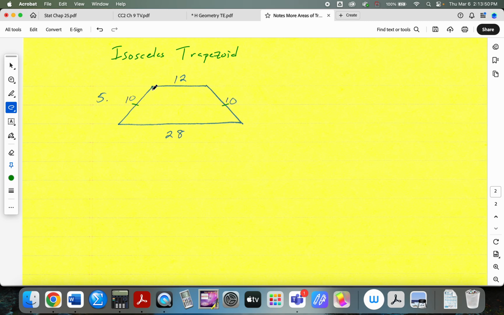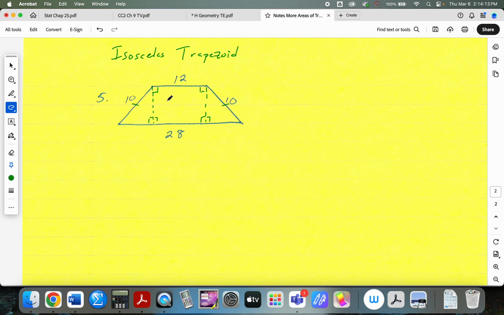That means if I drop in an altitude from both of these top corners, I not only create a rectangle here in the middle, but these two triangles on either side are exactly the same size.